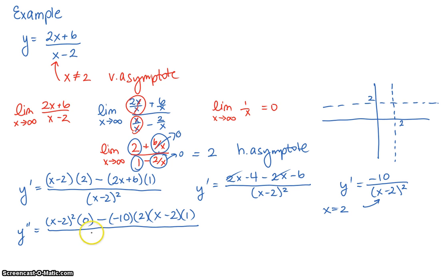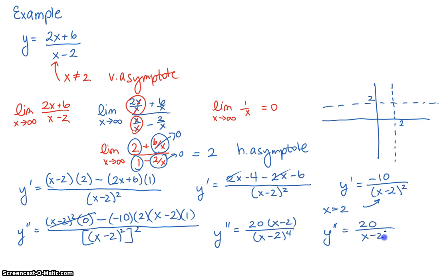That whole thing is then going to be over x minus 2 squared all squared. So your second derivative, this part disappears. You now have positive 20 times x minus 2 all over x minus 2 to the 4th. There's a common factor, so you're going to get 20 all over x minus 2 cubed.